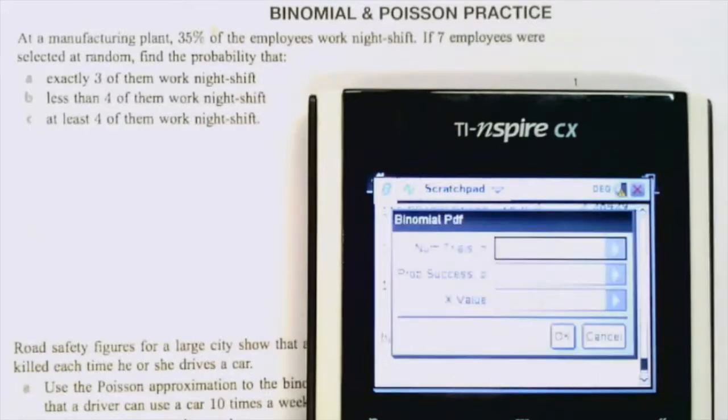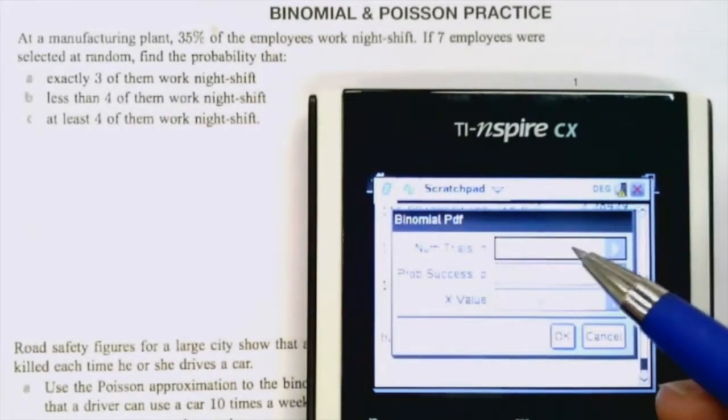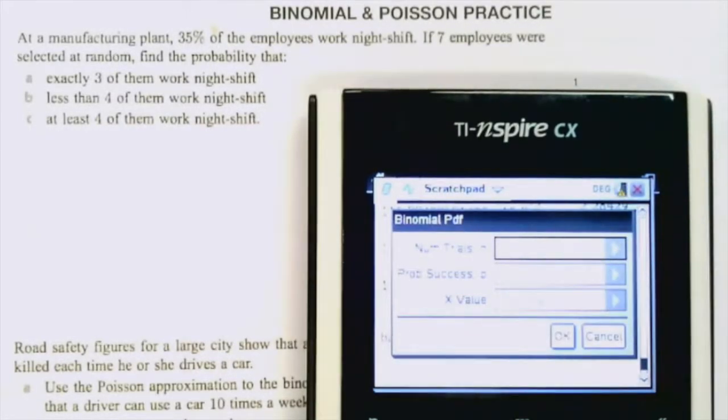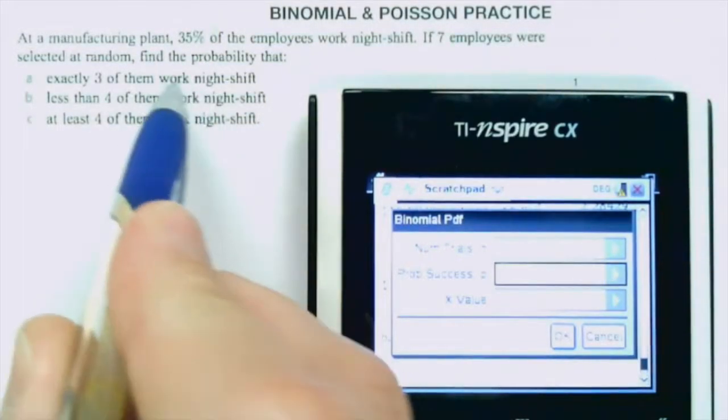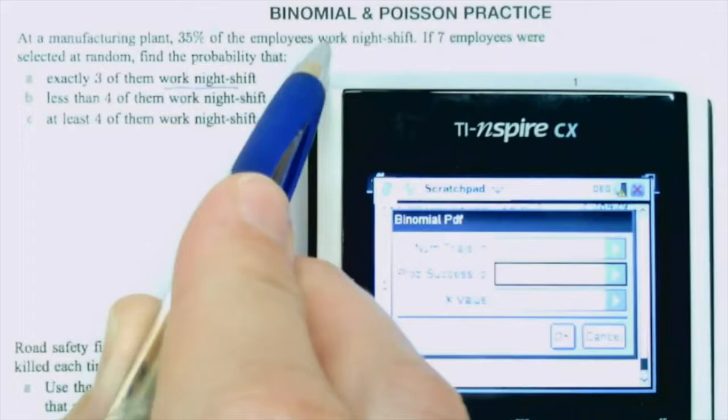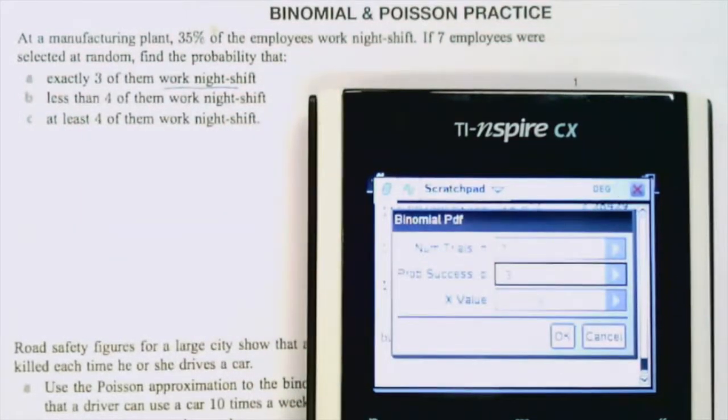Now, what we recognize is that first we have the number of trials. The number of trials is 7 because there are 7 employees that are going to be looked at. The probability of success, or the probability of working night shift, because the question is asking about working night shifts, is 0.35. And then the x value is how many successes I want. Well, I want 3.